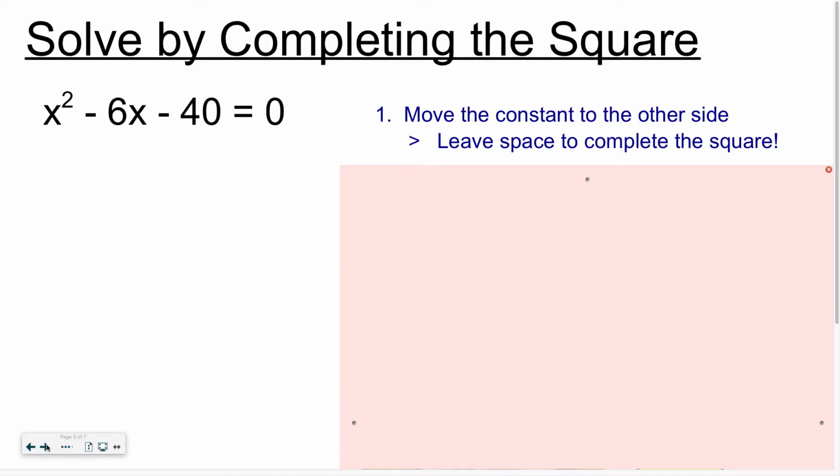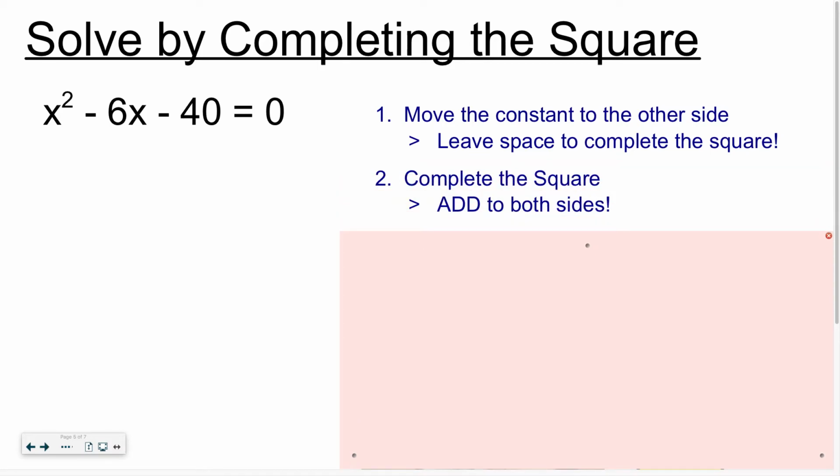Move your constant to the other side first. I like to leave space to complete my square. Now complete your square. Remember, to complete the square, you take half of the middle term, and then you square it, and you have to add it to both sides.